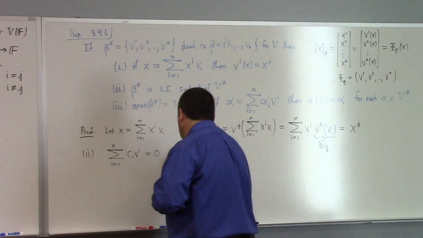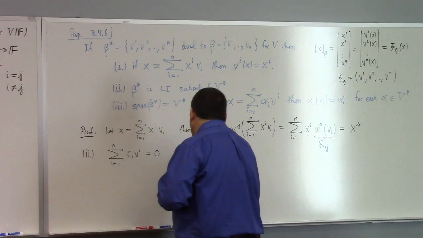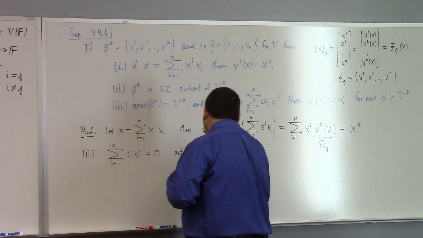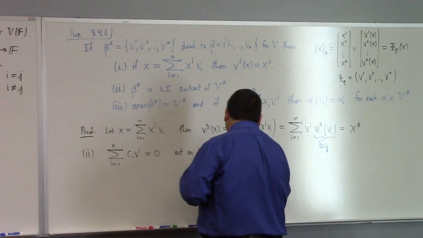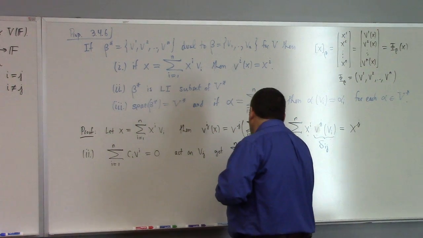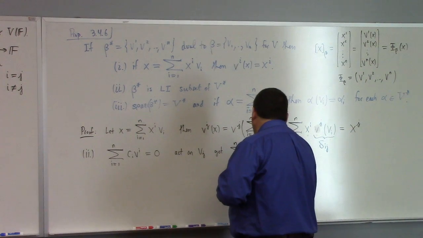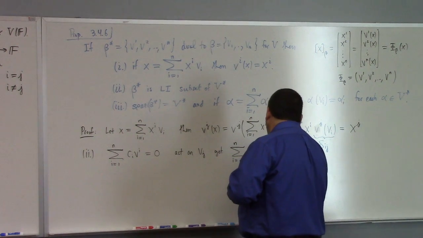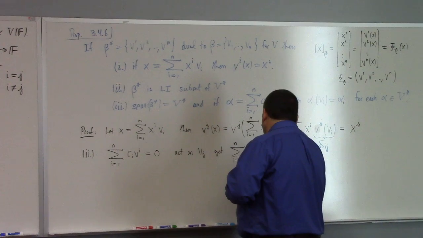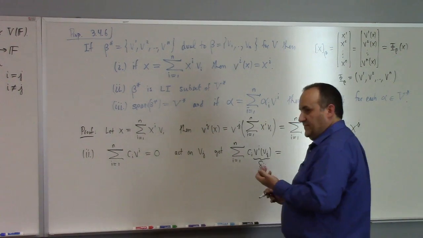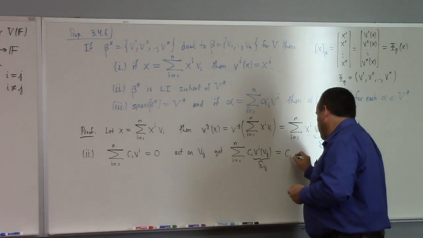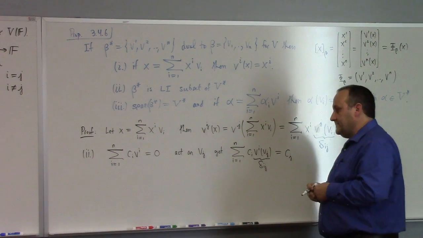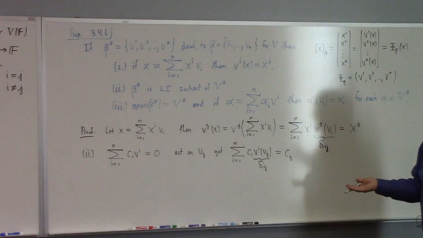So if we let this act on v lower j, we get the sum i equals 1 to n of ci v upper i of v lower j. But that, again, is the Kronecker delta ij. And once more, we've crushed the finite sum and left ourselves with just c sub j. But j is arbitrary.